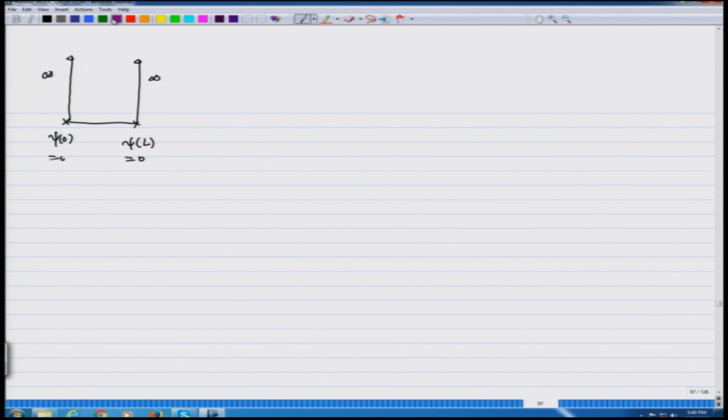Now, the Schrodinger equation is minus h cross square over 2 m psi double prime plus V x psi equals E psi. Now, these numbers h cross and m are very small, we are dealing with microscopic world.